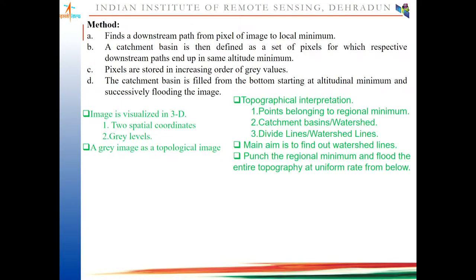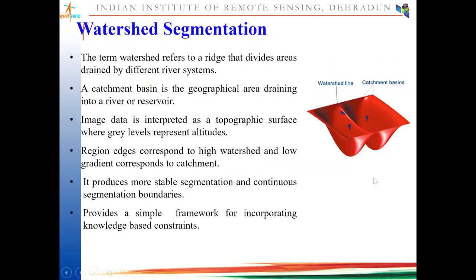Now the main objective is to find out the watershed lines so that we can attempt the segmentation. Now we take the regional minimum and then flood the entire topography at uniform rate from below. So if we go back here, once the catchment basins are identified and the watershed lines are also identified, then we can produce continuous segmentation boundaries.